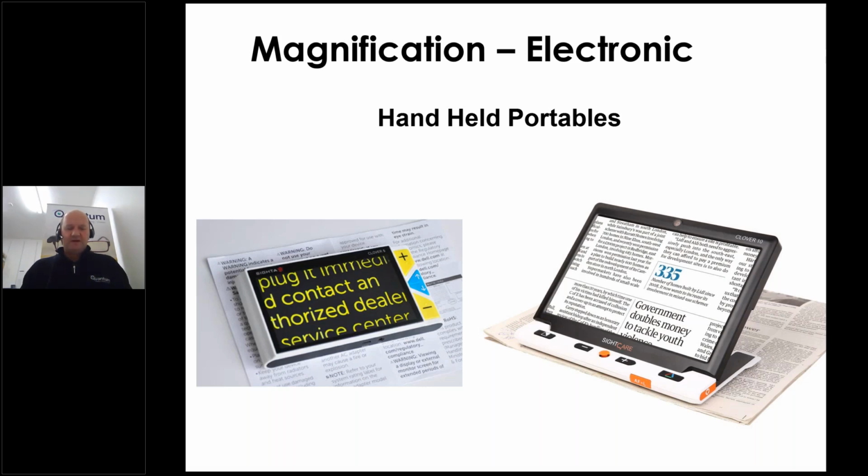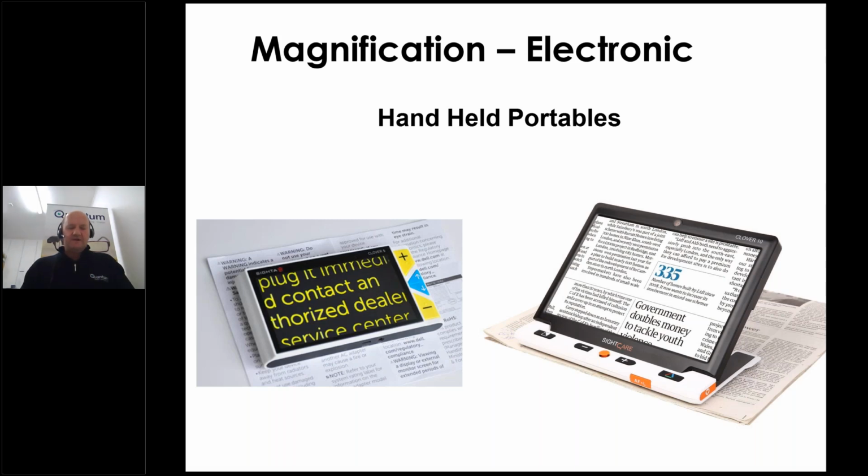So with these magnifiers, it's really about the field of view. So before, when I said an optical magnifier at 5 times magnification, you may only get maybe one word of a sentence. With a large screen, 5 times magnification, you may still be able to get the whole sentence. So it's all really about what sort of field of view you could possibly get.